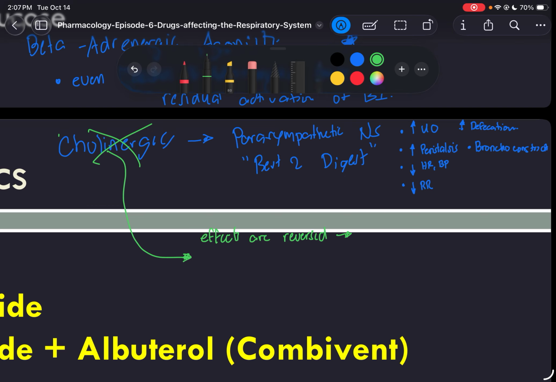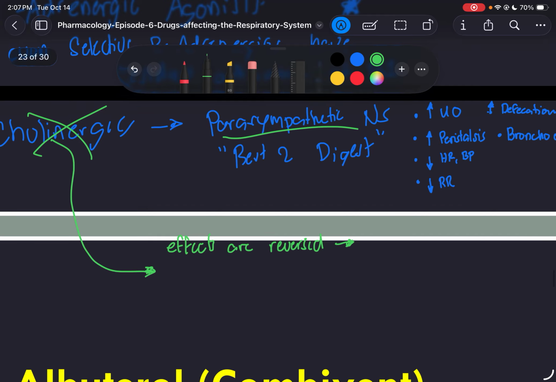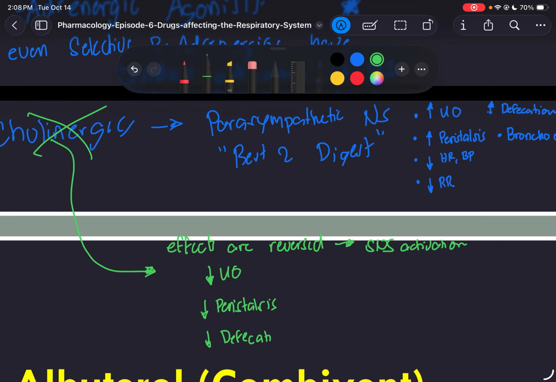Because instead of parasympathetic activation, there will now be SNS activation, or sympathetic nervous system activation. So instead of increased urine output, there will be decreased urine output. There will be decreased peristalsis. There will be decreased defecation.